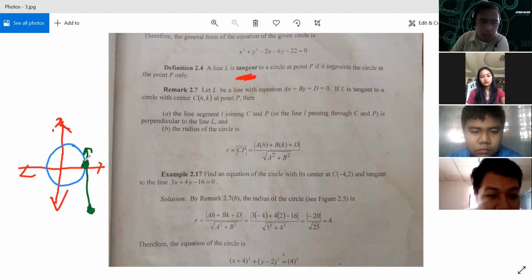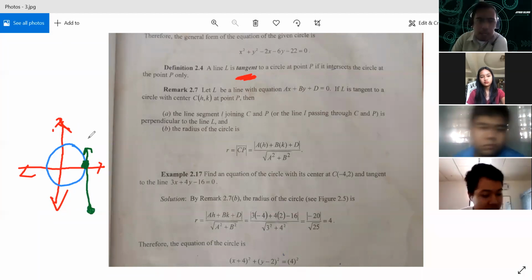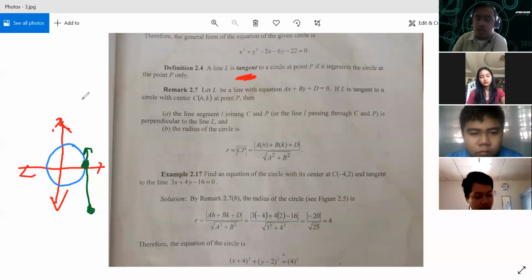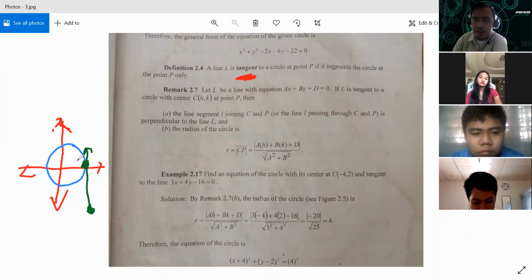If it will cross your circle at only one point, then this line is called a tangent line. And this point is called the point of tangency. Okay? The point of tangency.